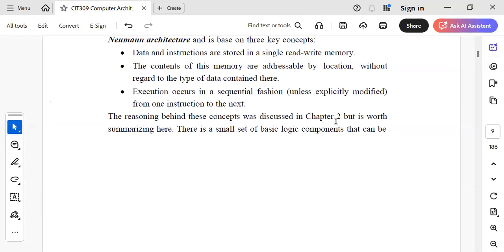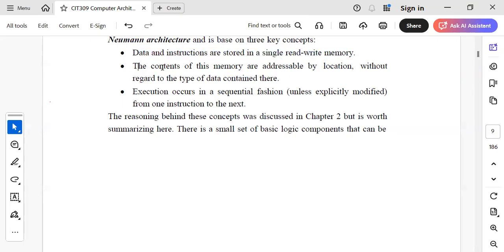Everybody, unmute yourself. Let's read the three concepts of John von Neumann architecture together. One, two, go. Data and instructions are stored in a single read-write memory.